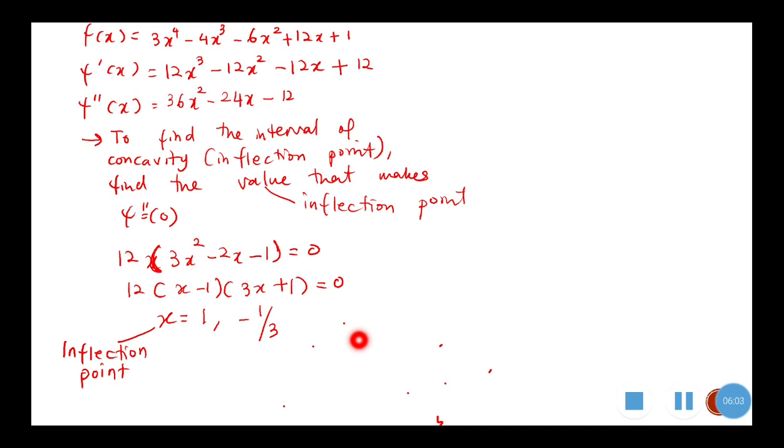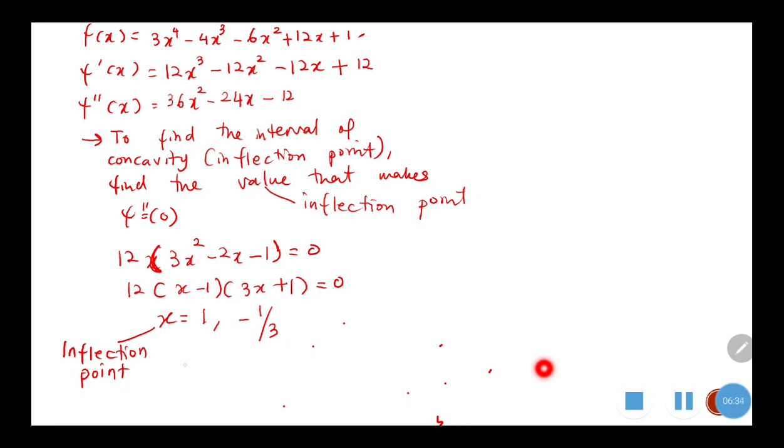To find the interval of concavity, we need to find the value of the inflection point. So how do we find it? We have to take the double derivative of the original function and then equate it to 0.